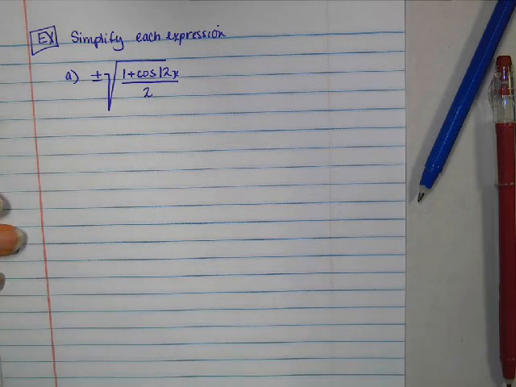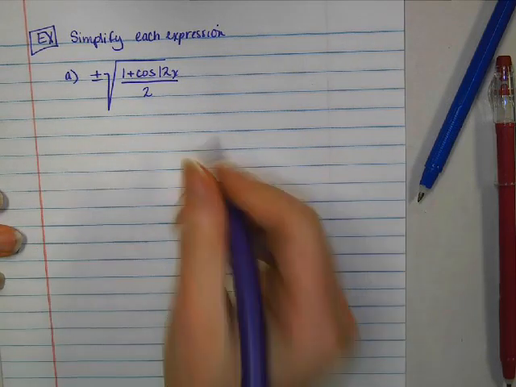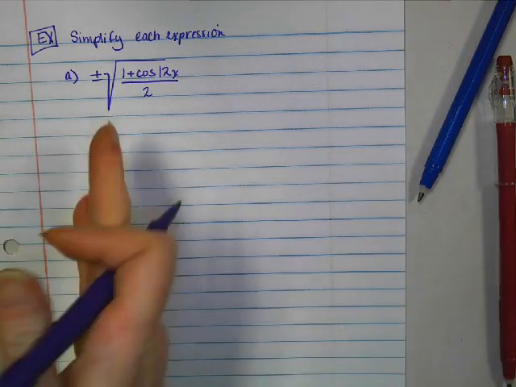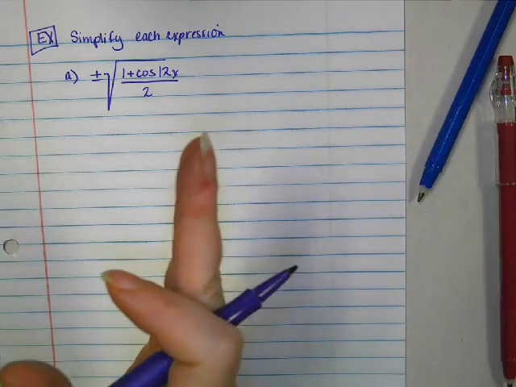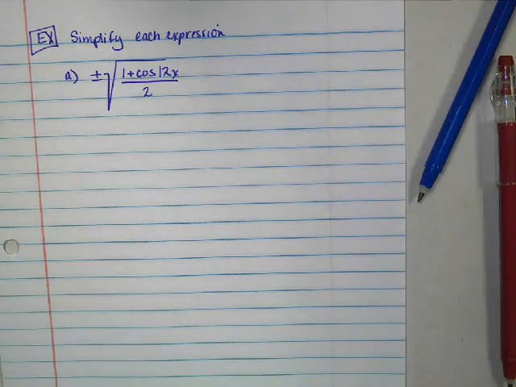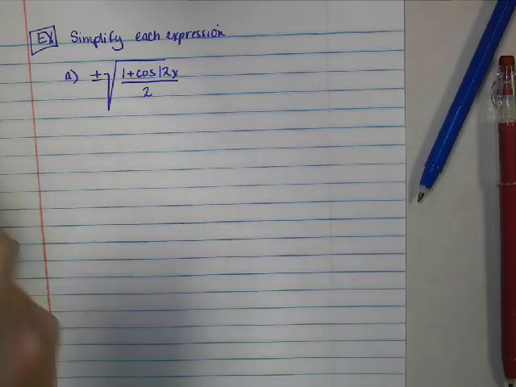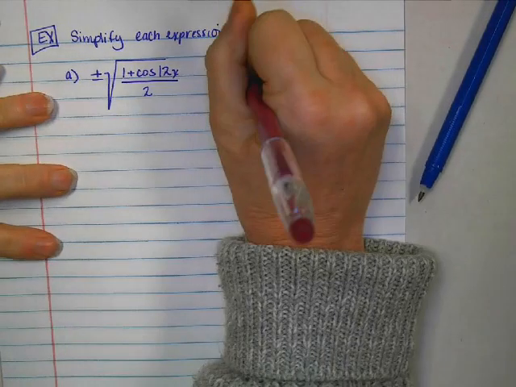Okay, so they want us to simplify this. So if you see that, what does it look like? The sine. Sine is cosine. Yeah, so this is cosine. So the cosine half angle identity looks like this.